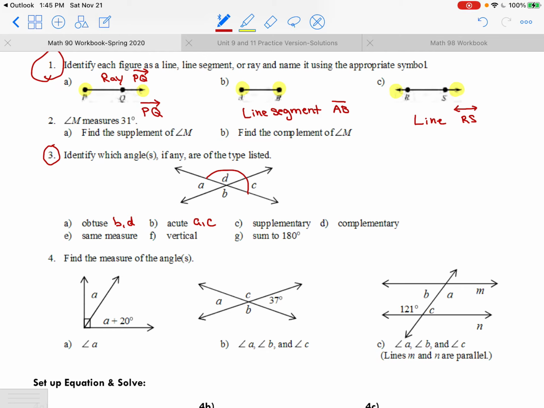We know that those are supplementary, right? So we can say D and C, right? How about A and B? A and B, those would work, right? A and B.